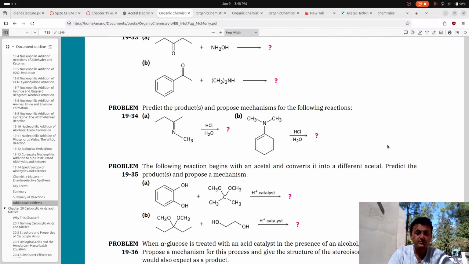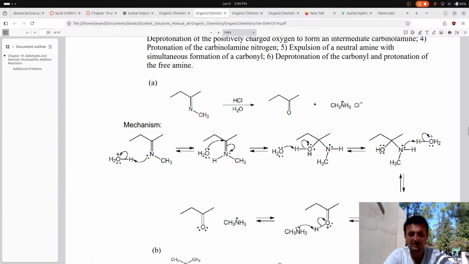Let's see what the actual problem says. N,N-dimethylcyclohex-1-en-1-amine, that's probably how I'd name it. And it's going to be... okay, wait, I gotta see the mechanism here because what is going on?